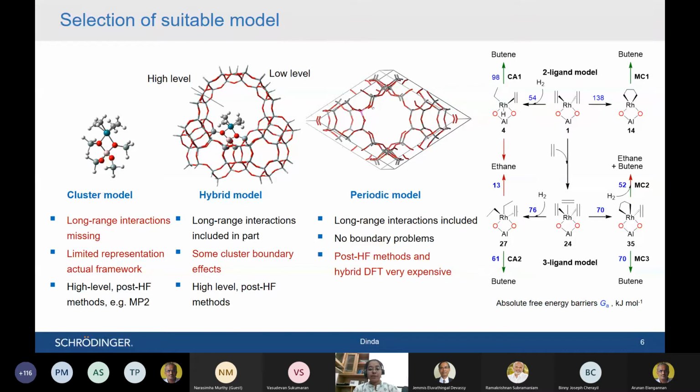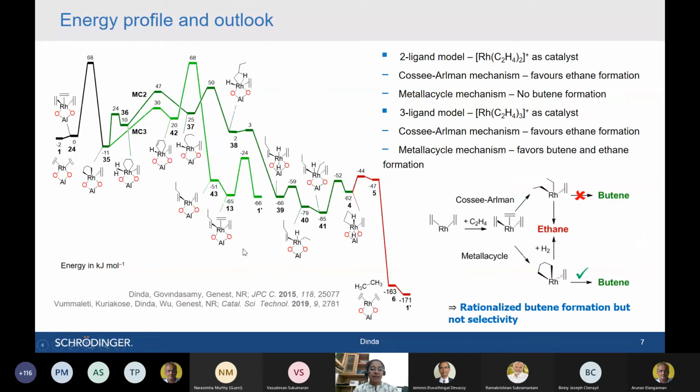So we wanted a reasonable, computationally economic model. We used the QM/MM approach with the periodic model as a standard, and then analyzed the data. There are many elementary steps, and this is just one of the pathways. I'm not going into details, but this is the approach we generally adopt to do catalyst modeling.